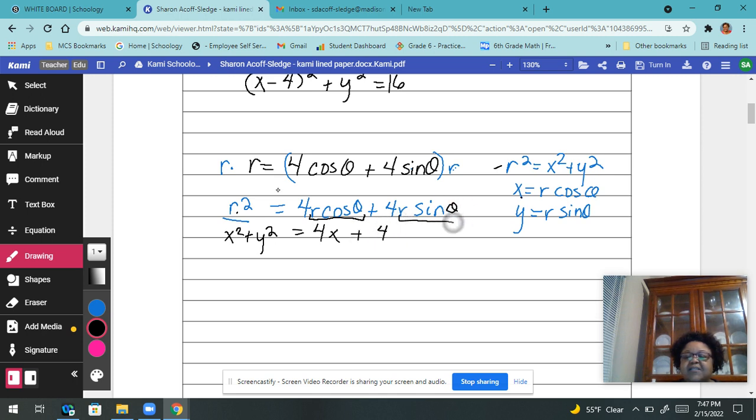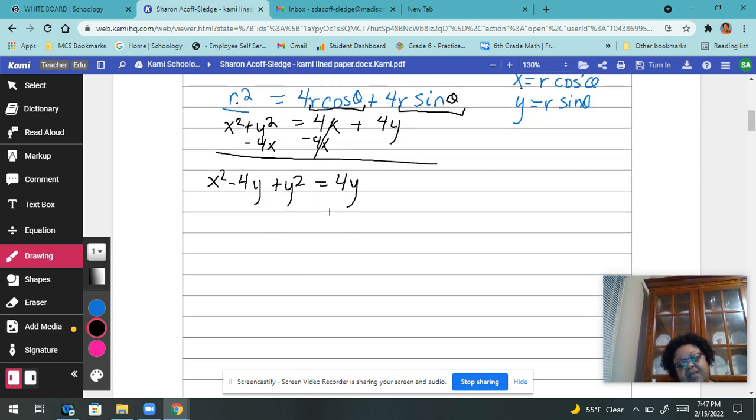And what is r sine theta? r sine theta is y. Ooh, we've got to complete the square twice. So this will be great. So we're going to subtract 4x from each side. I'm just going to go ahead and do a couple of steps. So we get x squared minus 4x plus y squared equals 4y.